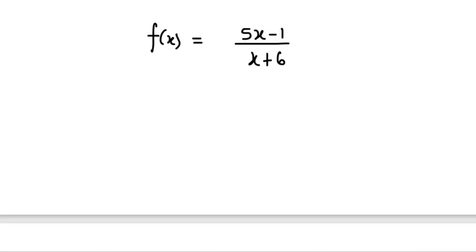And we're going to find the domain and also the range.